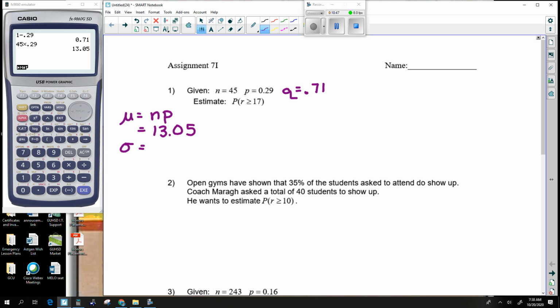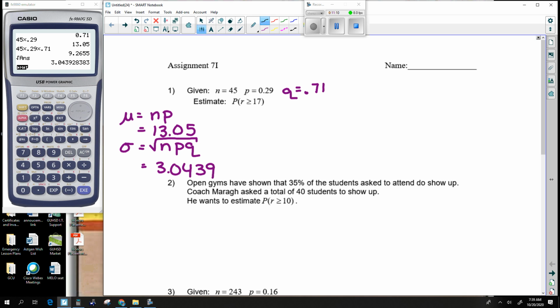And sigma, which is N times P times Q, rooted. So N times P times Q square rooted. Okay, so we have our mu and our sigma.